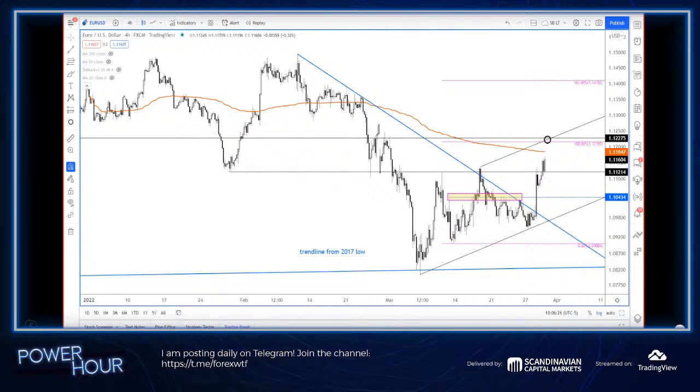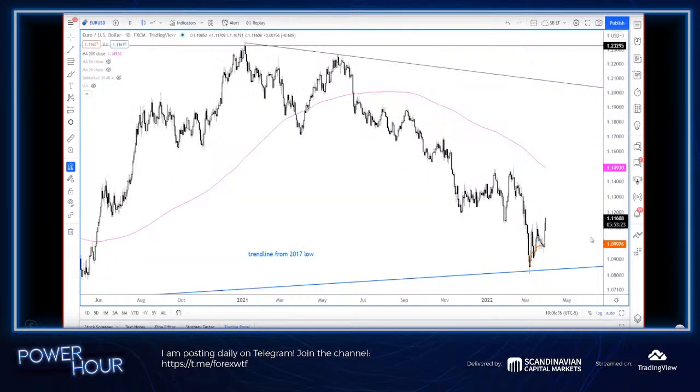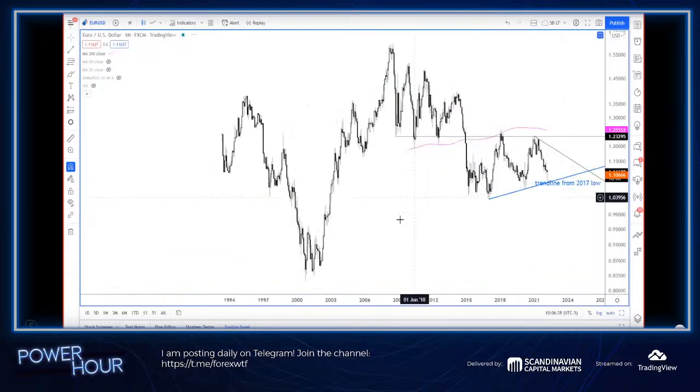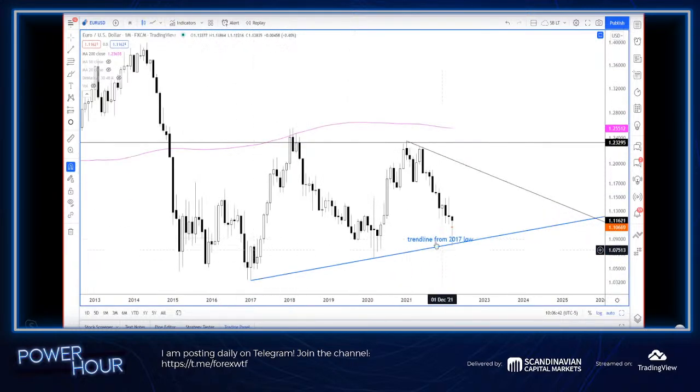But I want to scroll out a little bit and show something more important on euro. Let's go to a monthly chart. Everyone knows, because we've talked about it a lot, the line from the 2016 and 2020 lows.